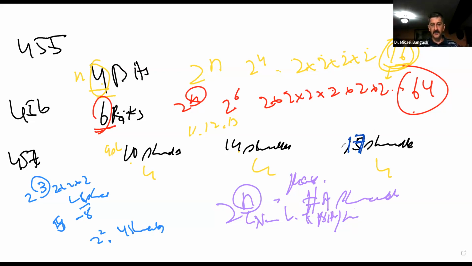If, for instance, it said 17 sheets and not 14, then it might be 10 for this one and 10 for this one, but for the 15 or 17 sheets, that might be 5 bits. Because 5 bits means it will be able to display up to 2 times 2 times 2 times 2 times 2, which becomes 4, 8, 16, 32.